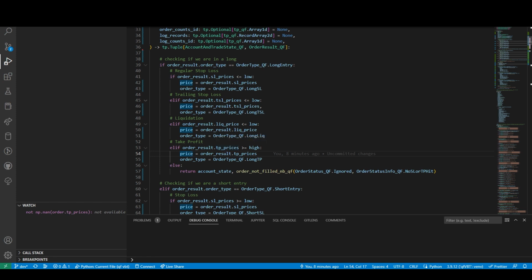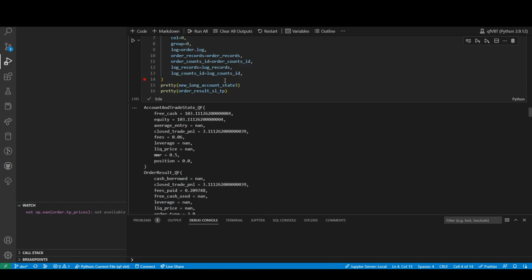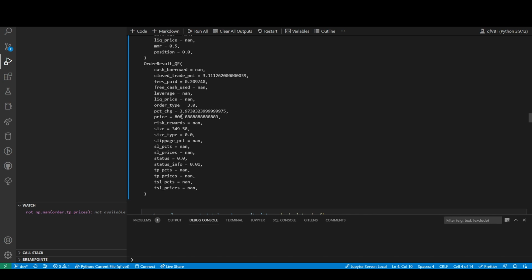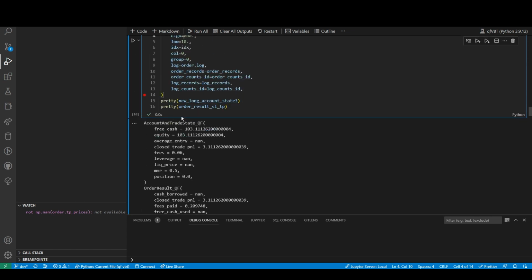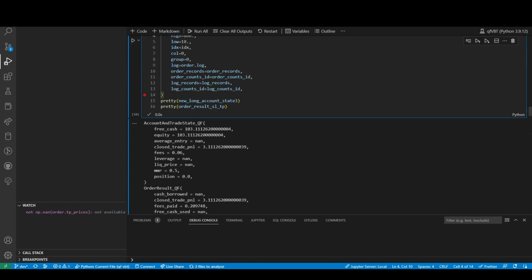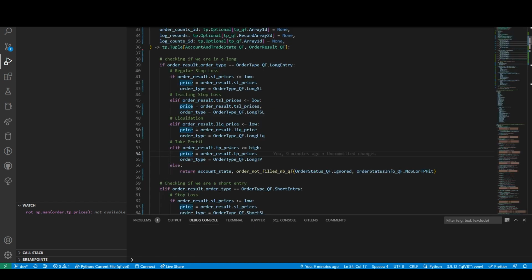This doesn't make any sense. If the high is 800, there's no way we should have taken profit. So if the take profit price is 808 and the high is 800, that means we did not touch it.